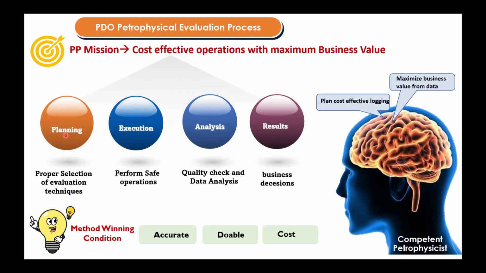The process starts with planning by proper selection of evaluation techniques and logging techniques. Then we perform safe logging operations. After that, petrophysicists quality check the data and do analysis to finally share the results for business decisions. The best method selection should meet the same criteria. The methods have to be accurate, cost affordable, and doable.